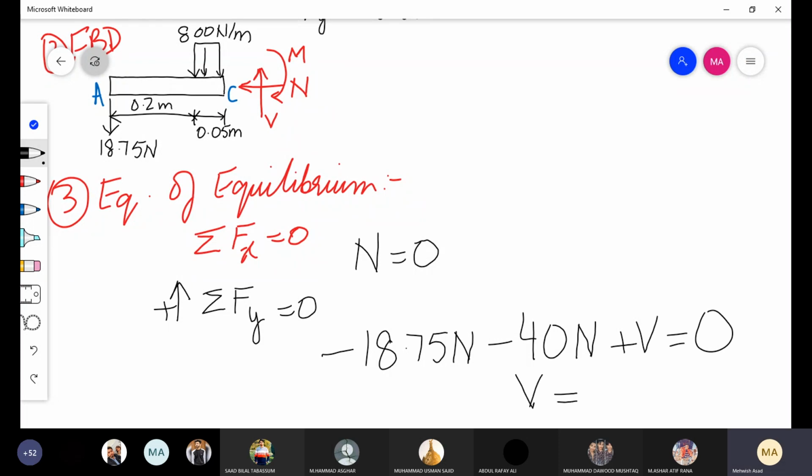So V comes out from here: 18.75 plus 40, so this is 58.75. Answer is positive. That means the assumed direction of the shear force is okay. Shear force is acting upward.